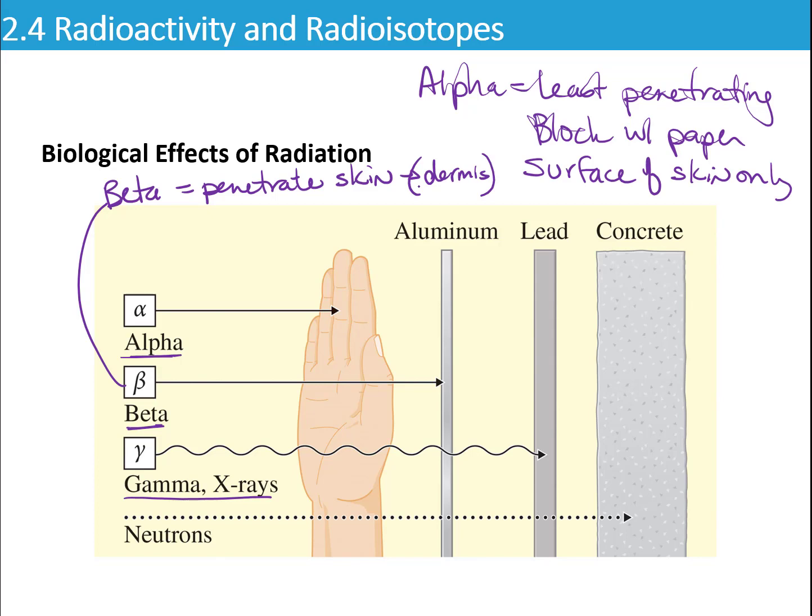It can also penetrate about a foot, so it can go further than alpha. Alpha can only go a couple of inches. Beta can pass a foot or so.